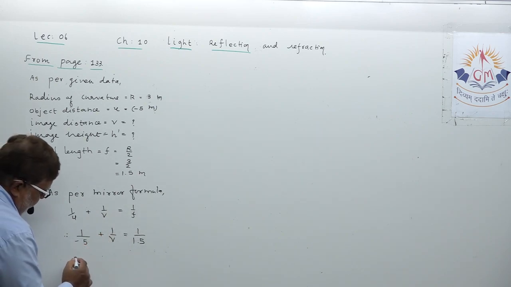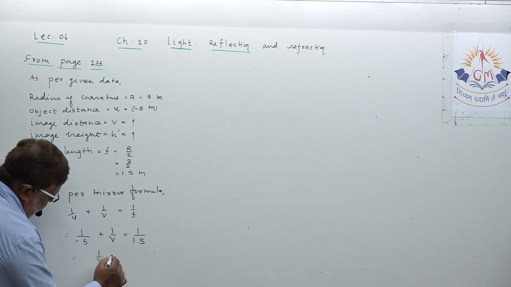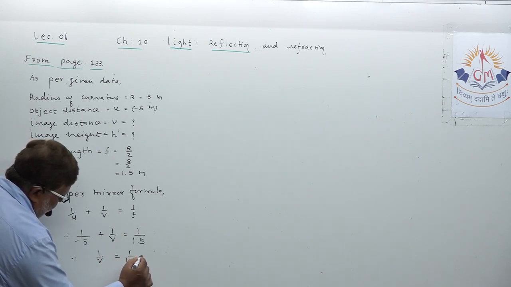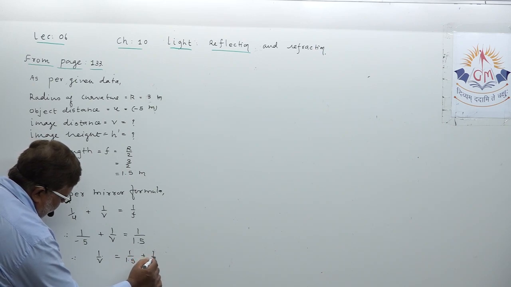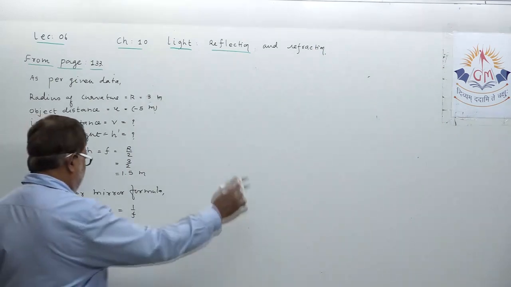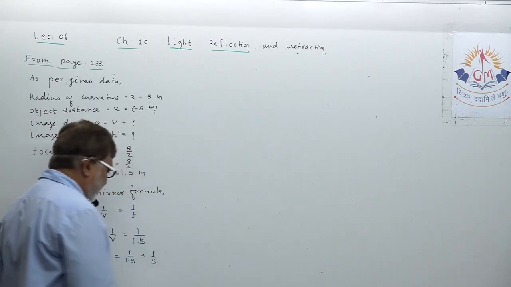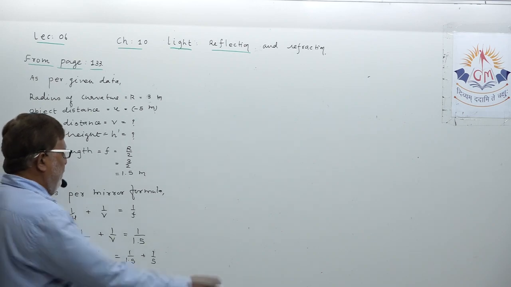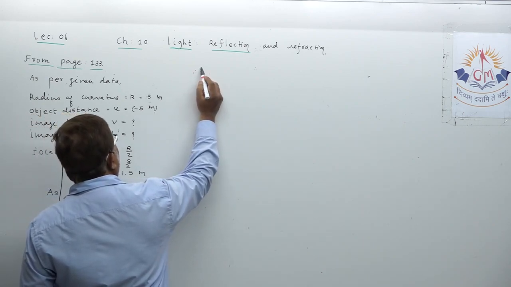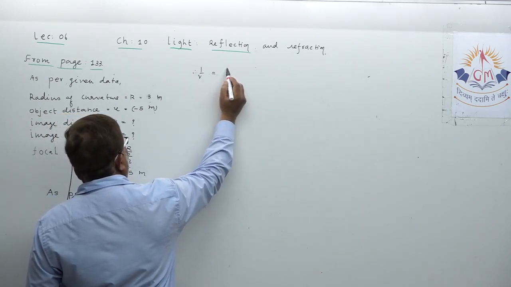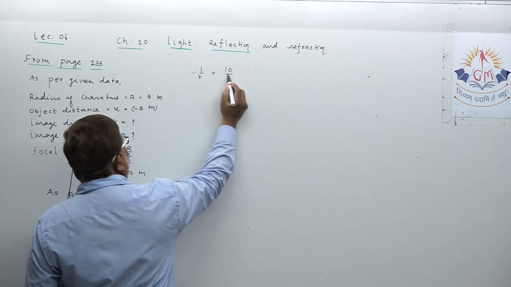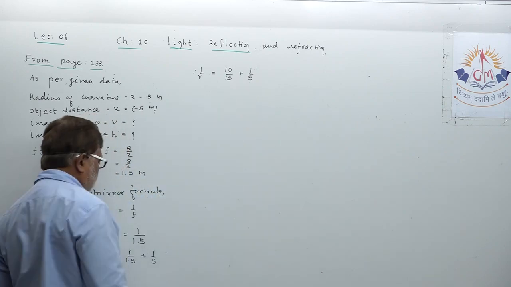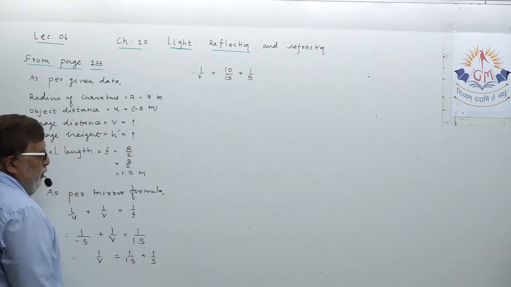Transfer this on that side. 1 upon v equals 1 upon 1.5 plus 1 upon 5. I will continue here, dear student, taking LCM. Let me remove the decimal from here. So what is going to happen? 1 upon v equals 10 upon 15 plus 1 upon 5. Is it clear? I just removed the decimal.